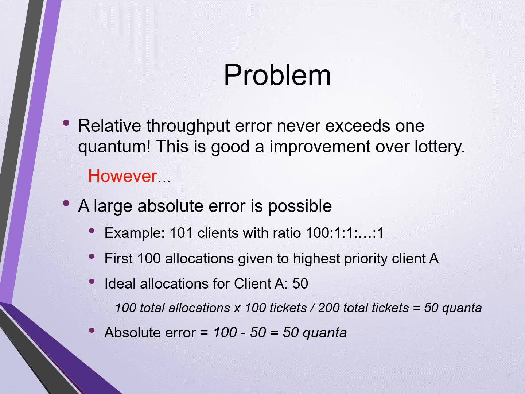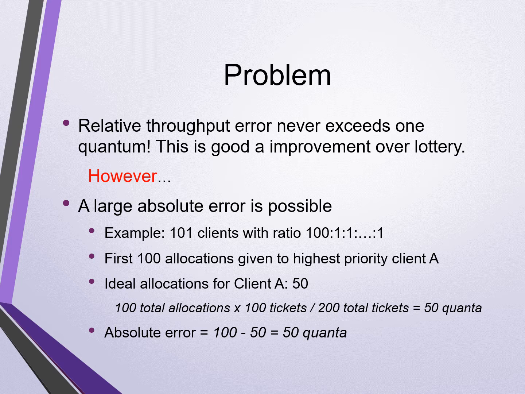Stride scheduling guarantees that the relative throughput error for any pair of clients never exceeds a single quantum. That's a significant improvement over lottery scheduling. However, depending on the distribution of tickets to clients, a large absolute throughput error is still possible. For example, let's consider 101 clients with one very high priority client with an allocation of 100 tickets and 100 low priority clients with a ticket each.